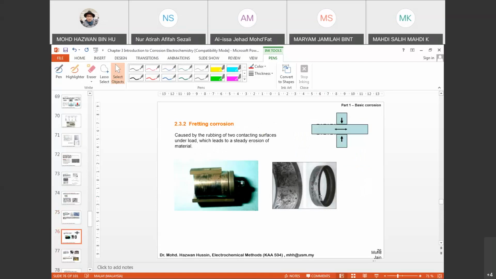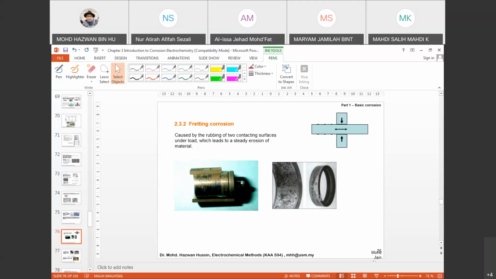And lastly, we have fretting corrosion. Fretting corrosion is of course a corrosion that is caused by rubbing or friction effect, caused by rubbing of two contact surfaces under load, which leads to steady erosion of materials.